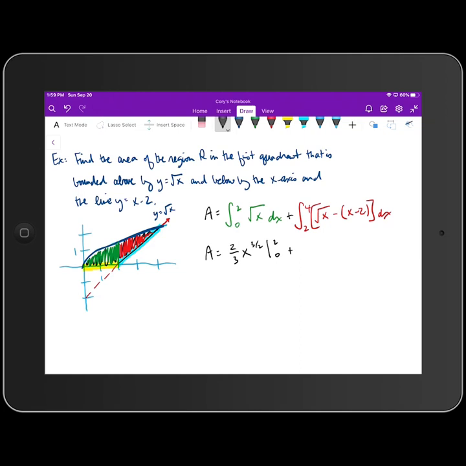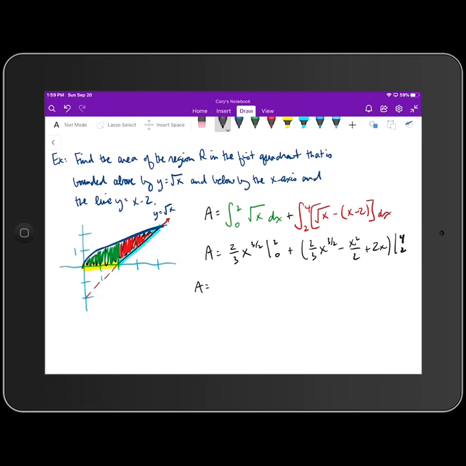And then to that, we're going to add the antiderivative of rad x, which again is 2/3 x to the 3/2 power, minus the antiderivative of x, which is x squared over 2, plus the antiderivative of 2, which is 2x, and then we're going to evaluate that at 4 and at 2.